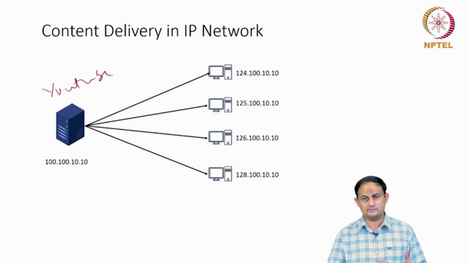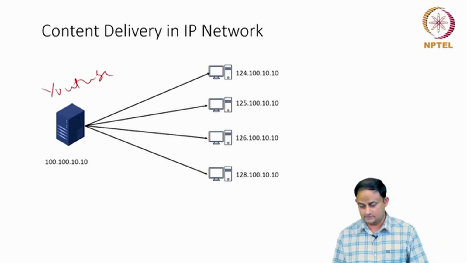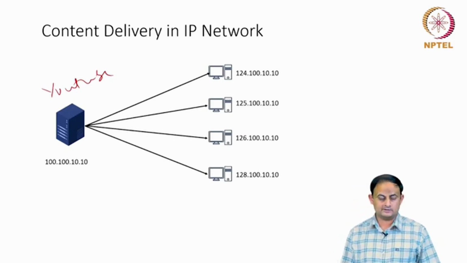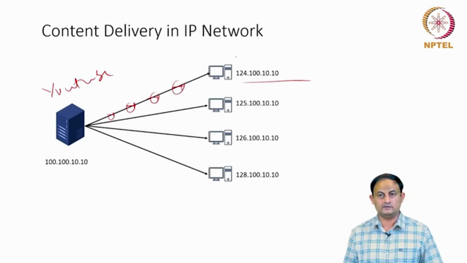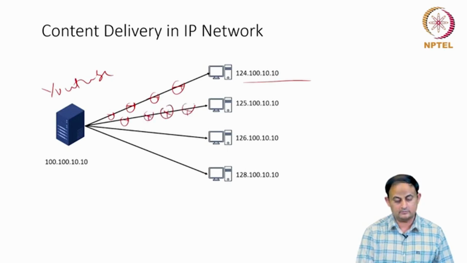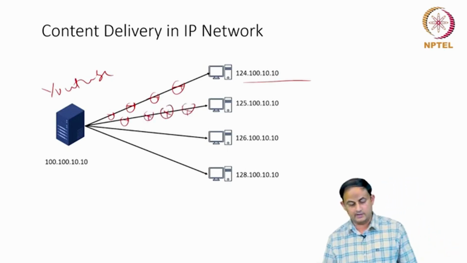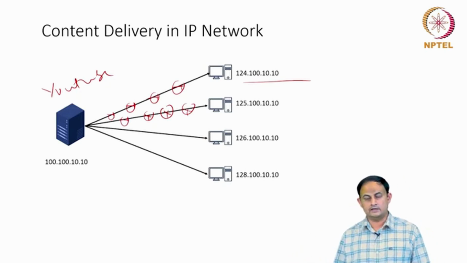On the other side you have a bunch of consumers accessing the content. Every time this guy accesses, the content flows through a bunch of intermediate routers and gets delivered to this point. And every time the second guy accesses, again the packet passes through the intermediate routers and then gets delivered. Like this, the content distribution is happening.